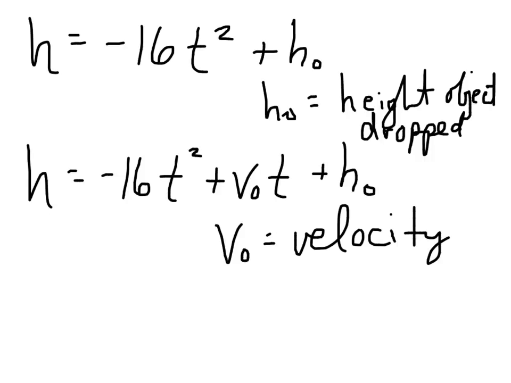So which equation are we referring to, the second one or the first one? The second one, because we have a velocity. We're not just dropping the ball. We're actually hitting it with force, so therefore it's moving fast downward. How much time does the opposing team have to return the ball before it touches the court? So you're solving for t.